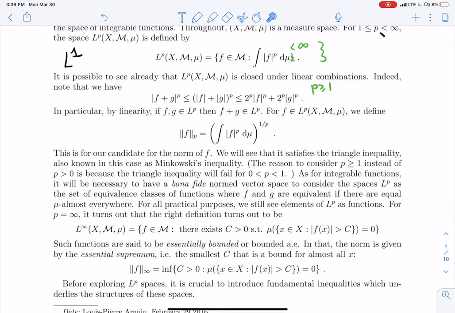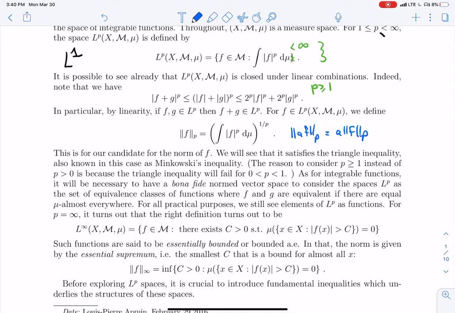Right, and you have a norm for f, and this norm is the integral of |f|^p to the power 1 over p. You need this 1 over p so that if you multiply f by a scalar a, a real number, then the norm of af is |a| times the norm of f.